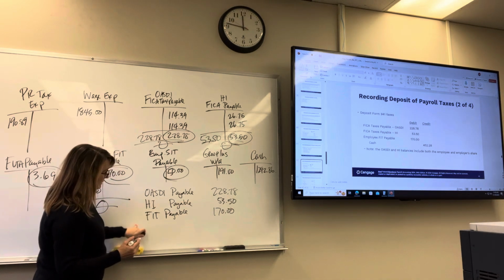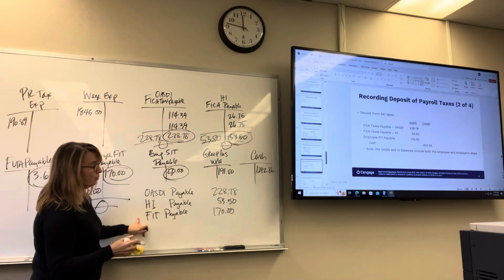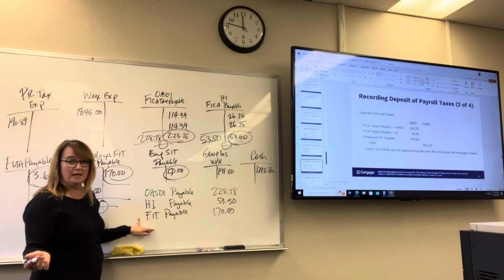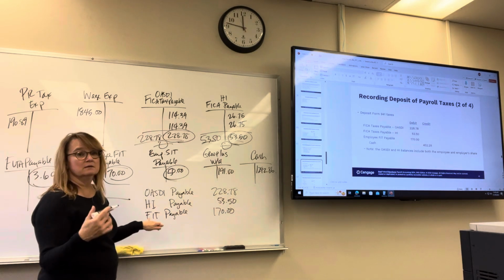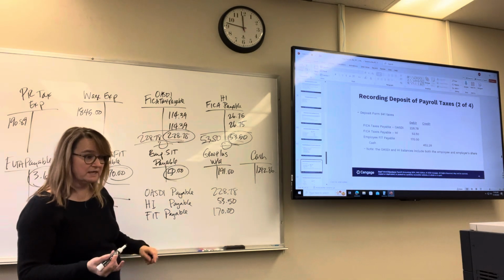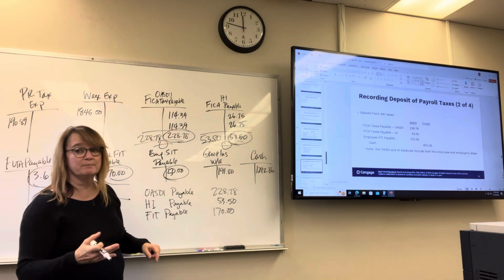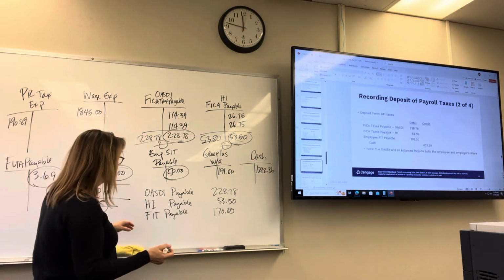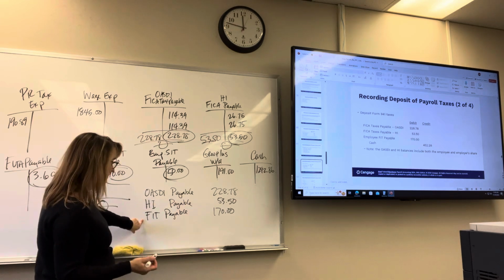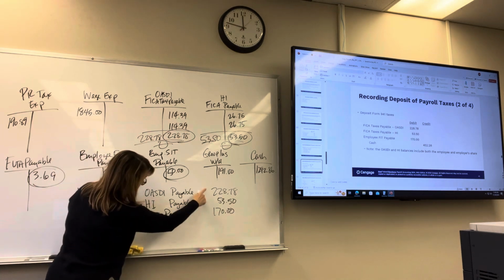This payment here is going to be made according to our schedule, and that depends on if we're a semi-weekly scheduled depositor, or a monthly scheduled depositor, or a next-day scheduled depositor. We're not next day with this amount, obviously, because it's not enough.